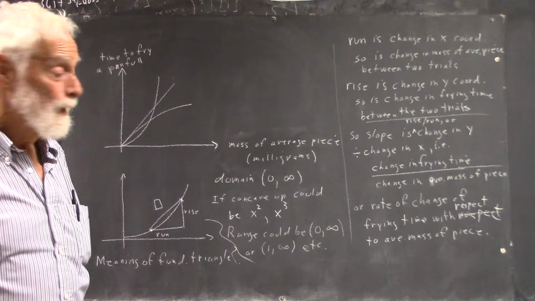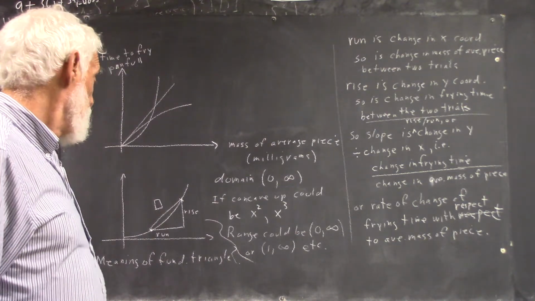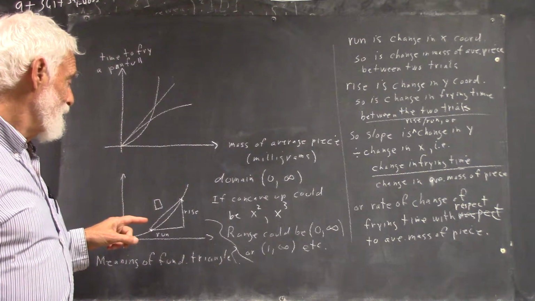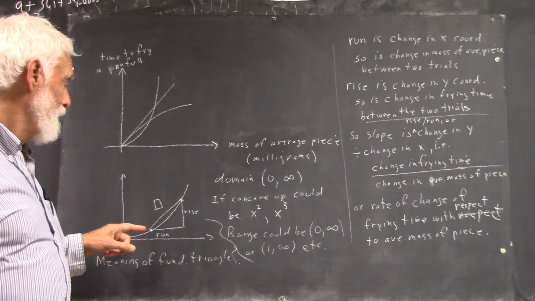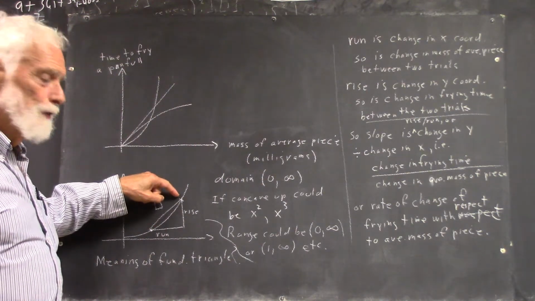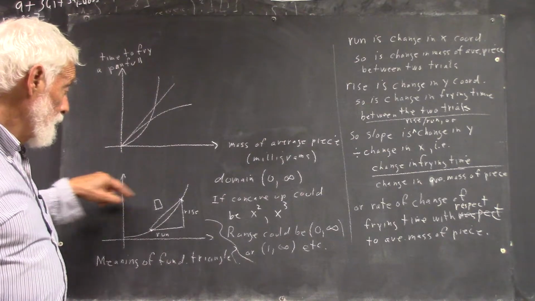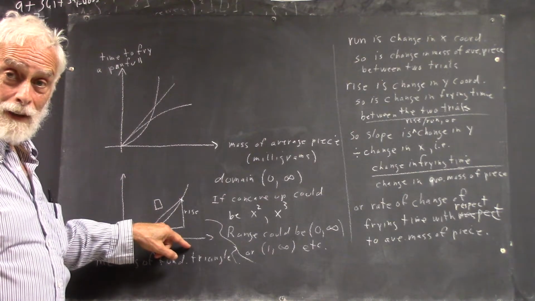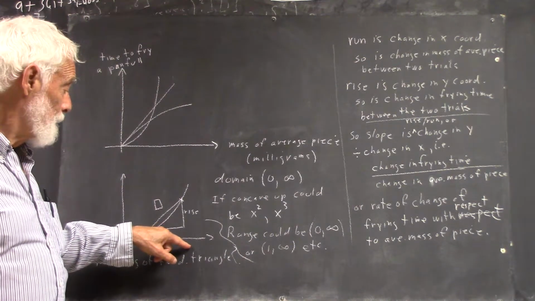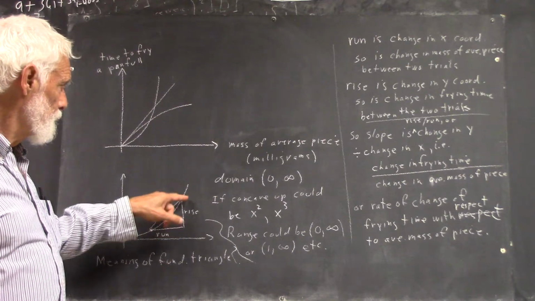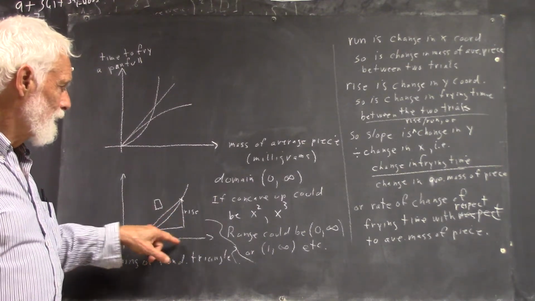So I can ask myself now, if it's taken me this long to fry pieces of this size, about how many pieces do I need? Or, just using the slope of this thing, I can estimate.